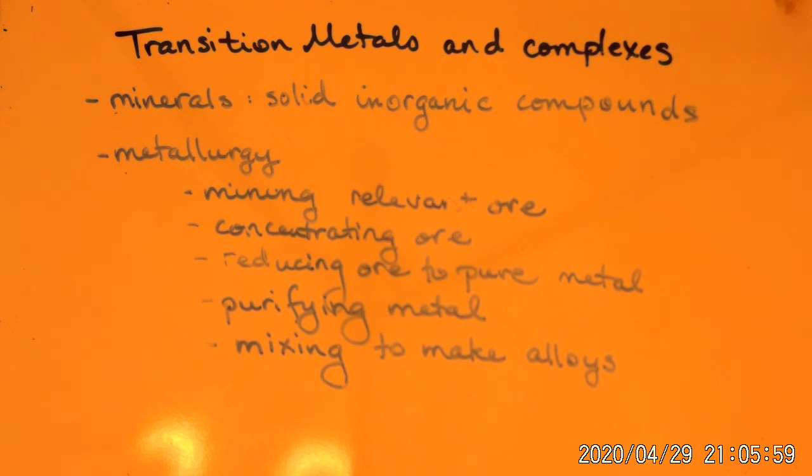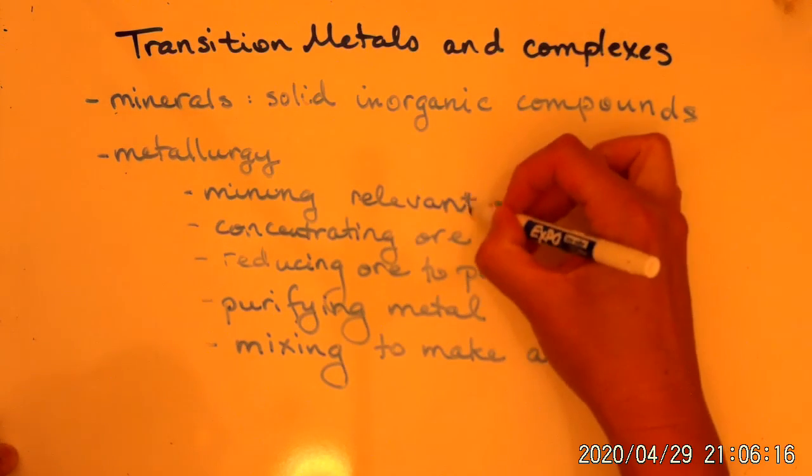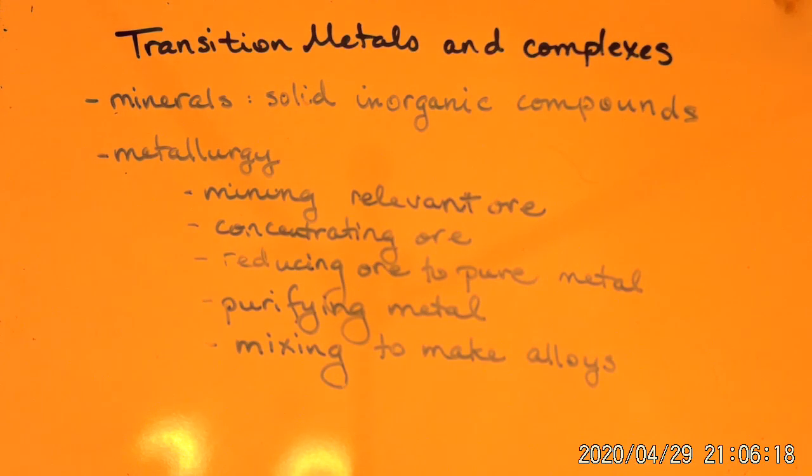Okay, and if you hear about metallurgy, metallurgy is actually the science of technology associated with mining relevant ores, and concentrating those ores, and then reducing the ores to pure metals.